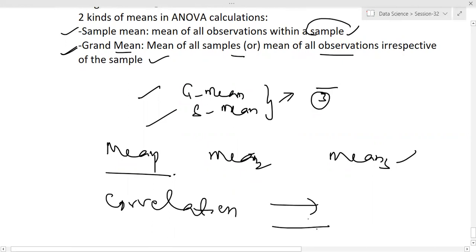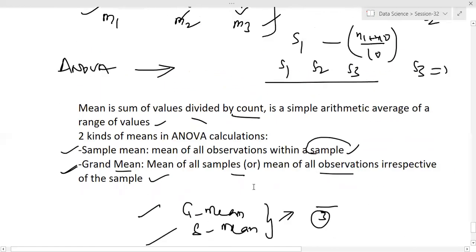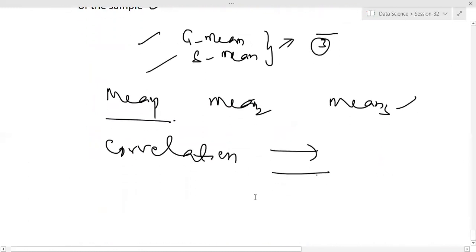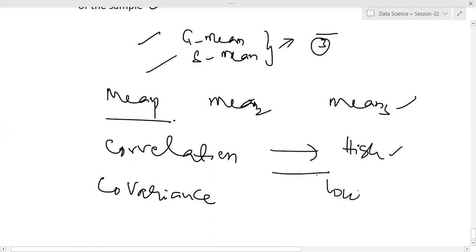Okay, because ANOVA is nothing but observation of all the samples, and whether two groups are significantly different from each other. One more point, if you observe the covariance in the earlier session also I referred to these, friends. High correlation, low variance.